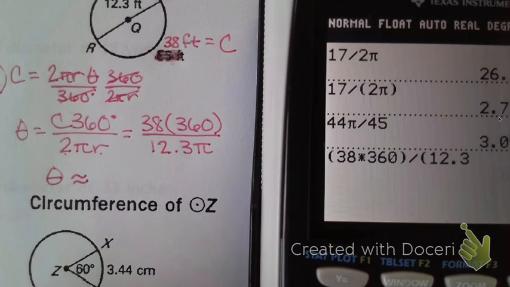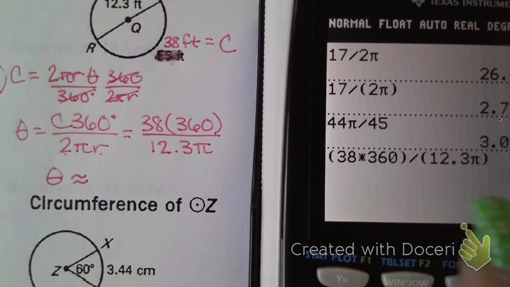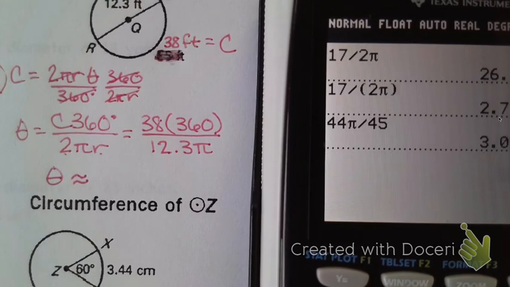And I don't have to put a multiplication sign when I put pi. You can, but you don't have to. Do you not have to put like the point pi? No, because you have 12.3, so you already have a decimal in there. Okay, everyone good? Let's see what we get.